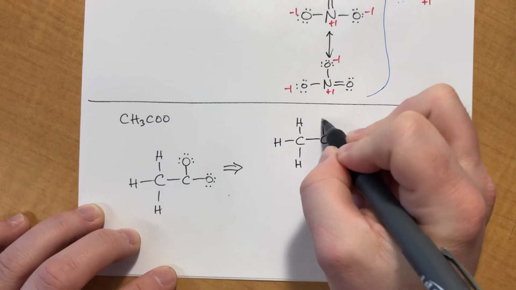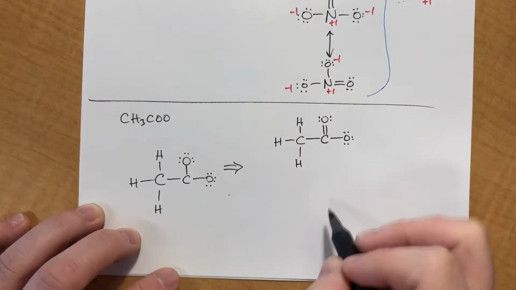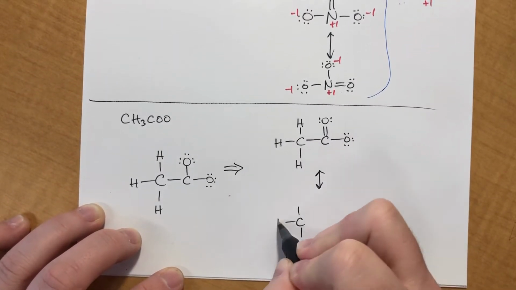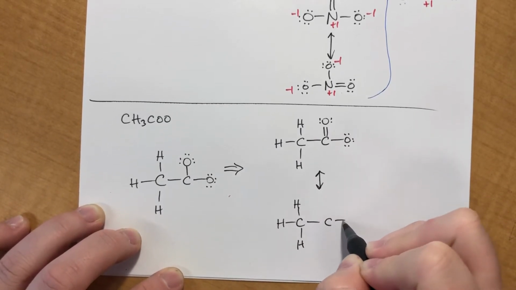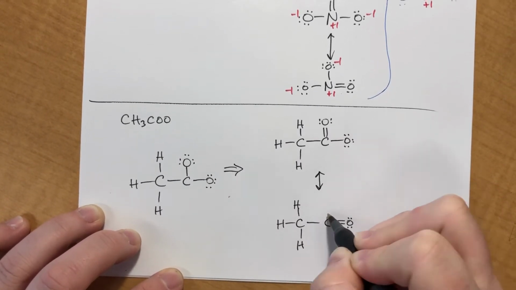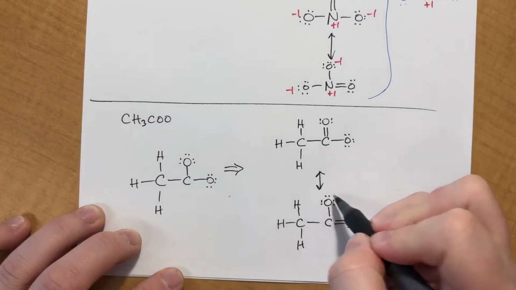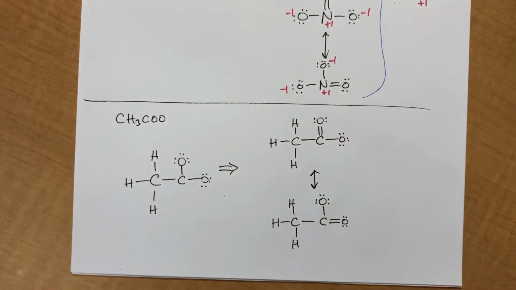Okay, so one option is to have a double bond at the top and a single bond on the right. The other option is to have the opposite. And kind of like we saw up here, we're going to look at the distribution of double bonds and charges here.